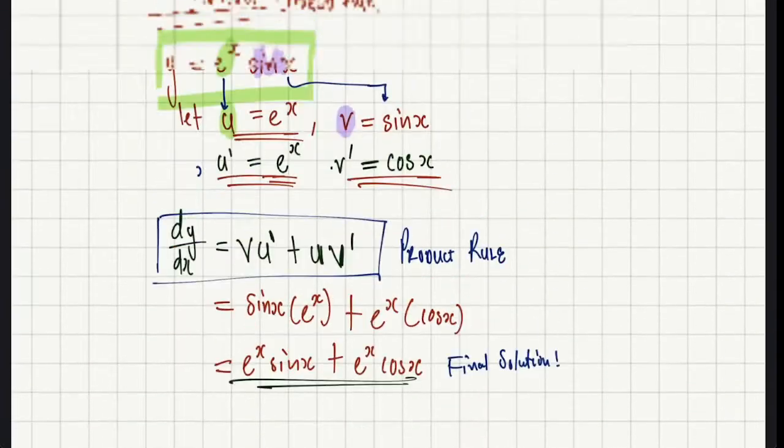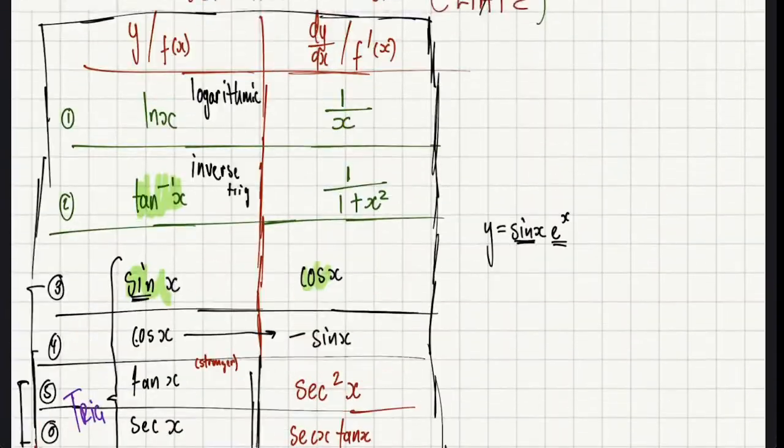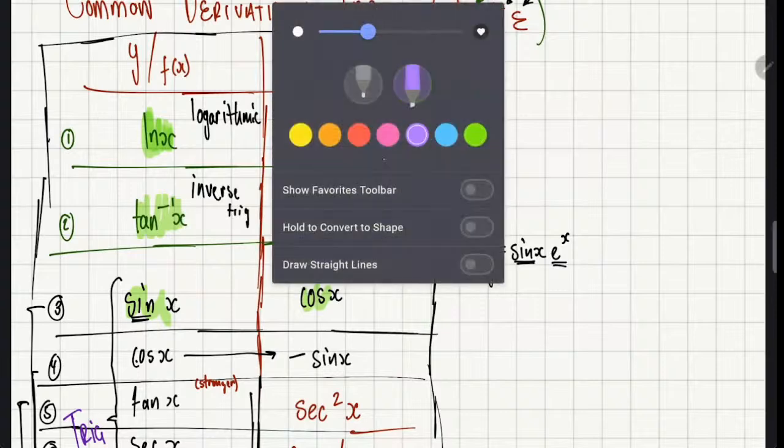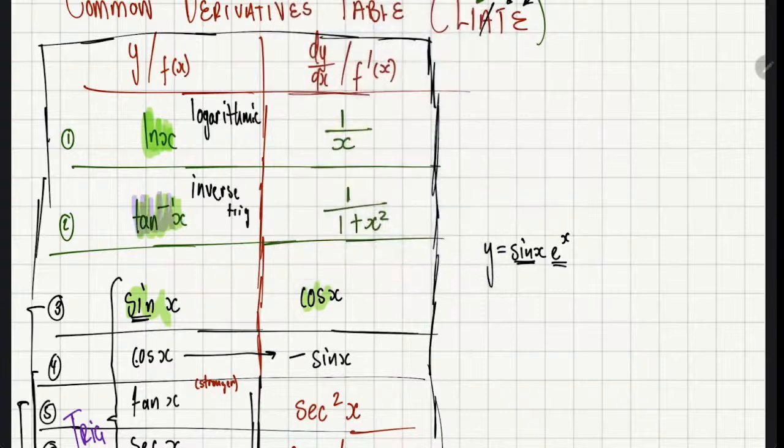Let me just show you. Here are the functions, the 5 functions. We have logarithmic, and it's just ln of x. So if you ever get ln of anything which is not x, it is a composite function. Tan inverse of x, this is the inverse trig.